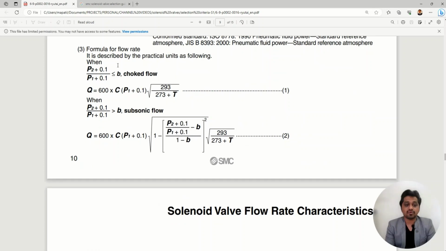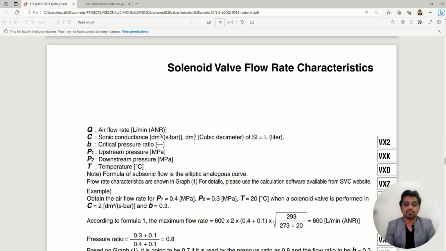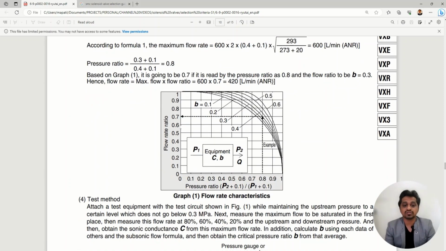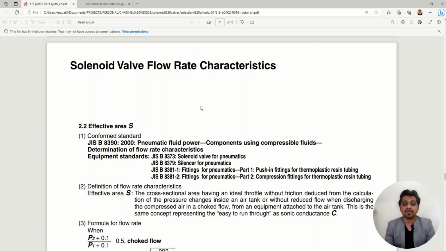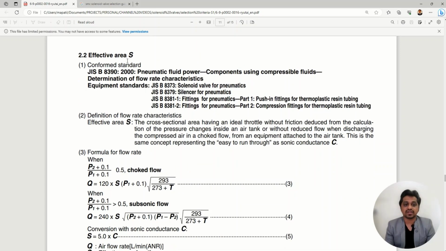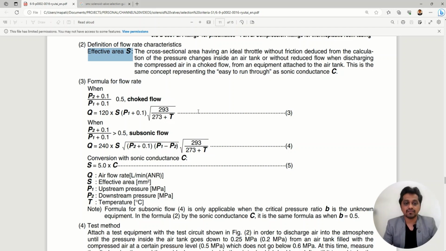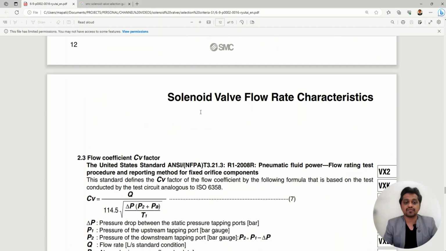And we have a formula which we have seen, right? That is choke flow, then subsonic flow. There are different types of flows, and then we have a graph. They have given a graph for the C and B values, and the test method of how they found these values. Then the effective area S, how to calculate this area, and how it depends on the flow rate, the choke flow, subsonic flow.